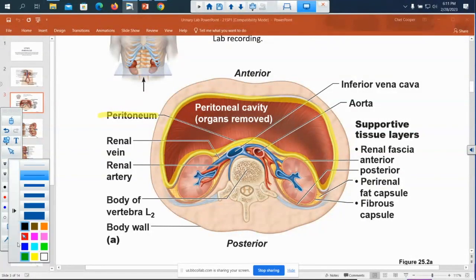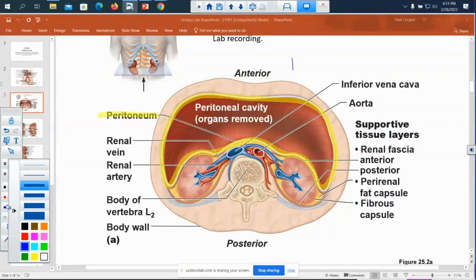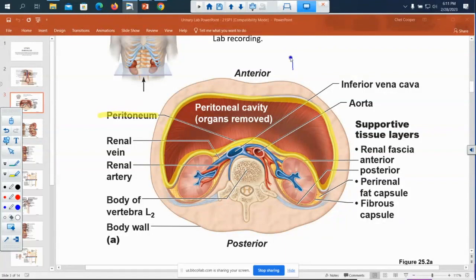So there is a fancy word that loves to show up on lecture. That means behind the peritoneum. Here's the word. Retroperitoneal.